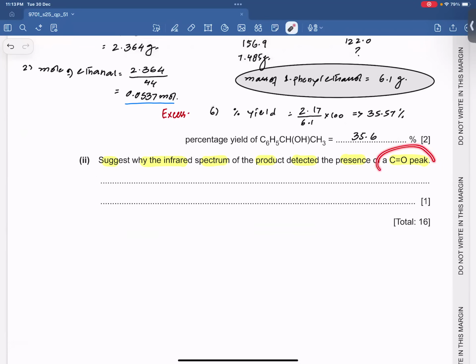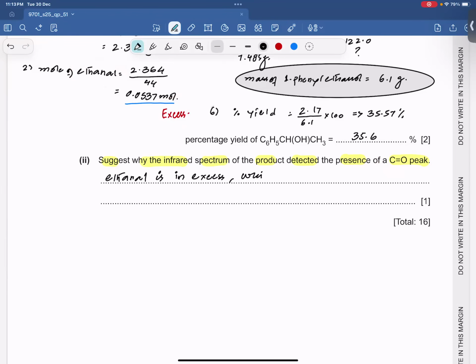The carbonyl group peak appears due to the presence of ethanol, because ethanol is found in excess, which contains a carbonyl group, so it shows a peak in the IR spectrum.